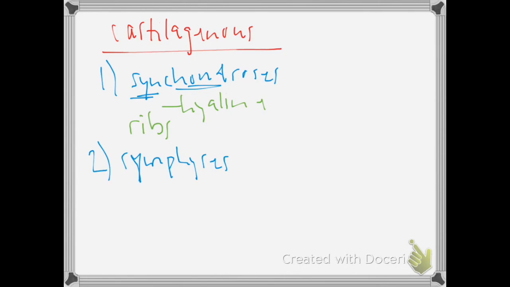Another big thing for the test, don't read through the question and say, oh, I know what this is talking about, and then go straight to the answers and look for it. What I would recommend you do is read the question once, read it again to make sure that you're not missing words like not, or other than, or exception. You want these defining words, right? It's like which of these is not a fibrocartilaginous joint or whatever. So you want to look for those key indicator words. So read the question twice.